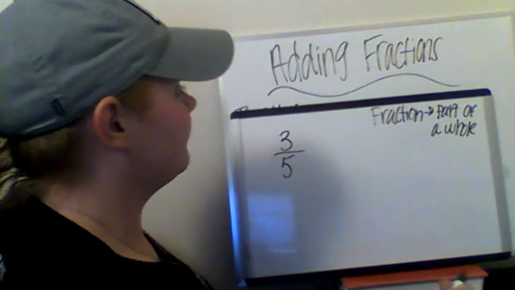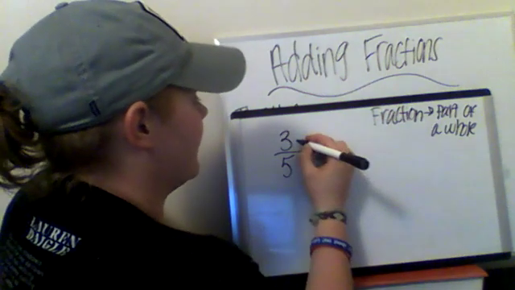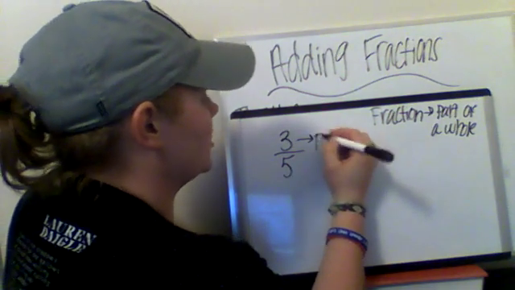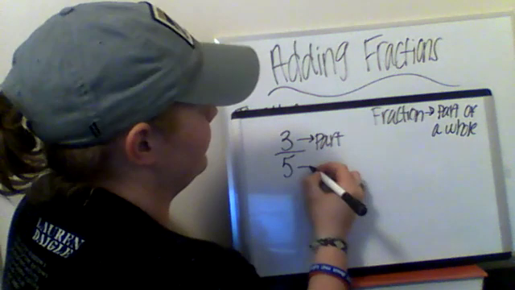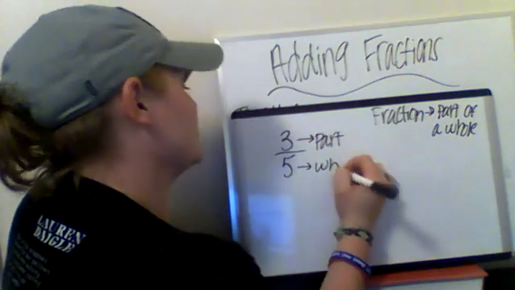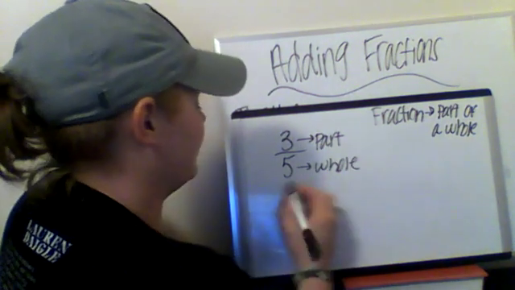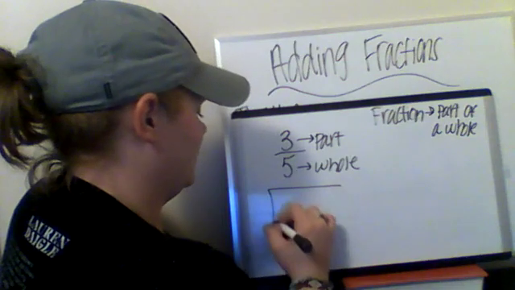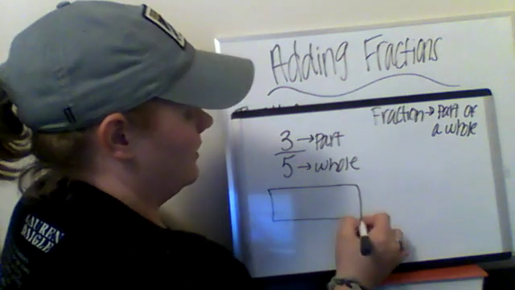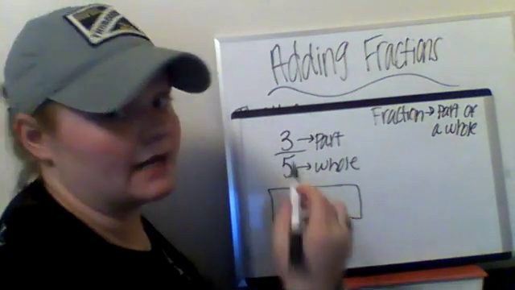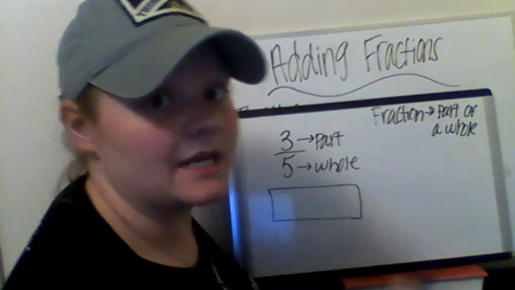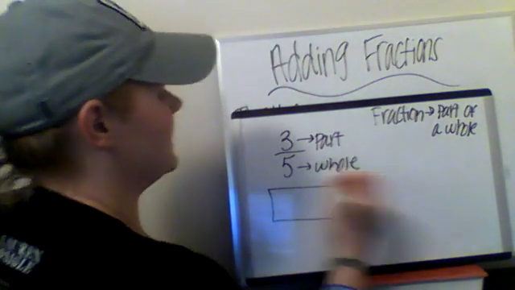Okay, so in my fraction, 3/5, my 3 is my part, because it's showing you what you're using. Your 5 is your whole. Okay, so if I was to represent this with a picture, okay, I need to represent 3 being my part, or the 3 that I'm using, or 3 that's being shaded in, and my 5 being my whole.